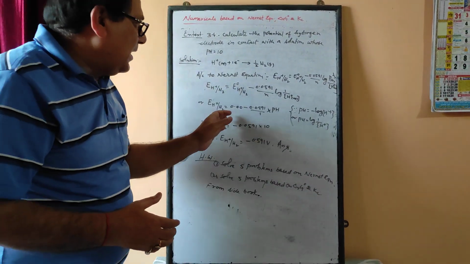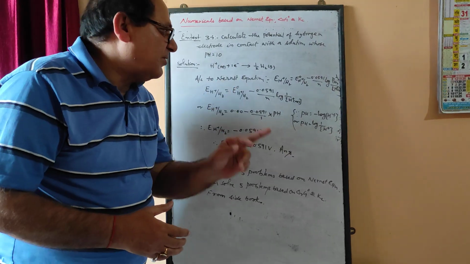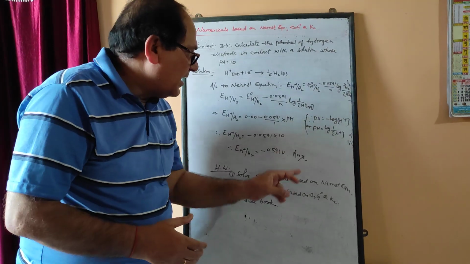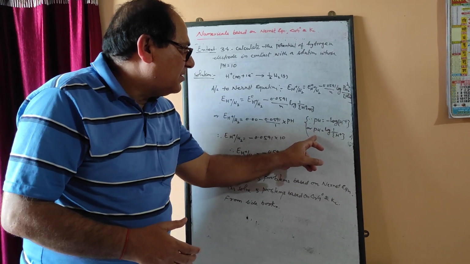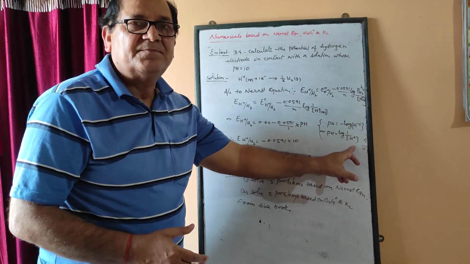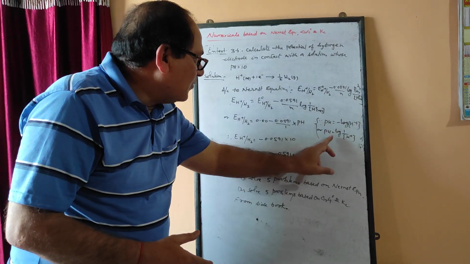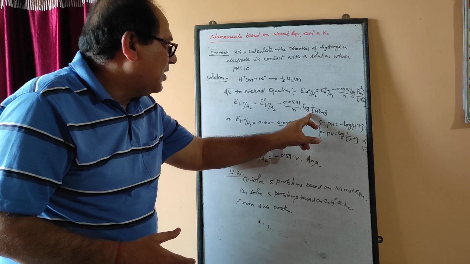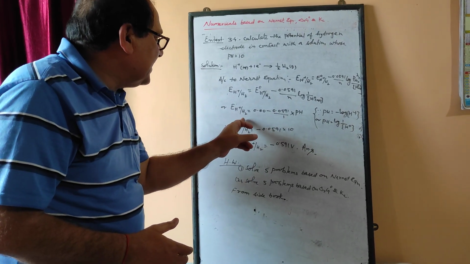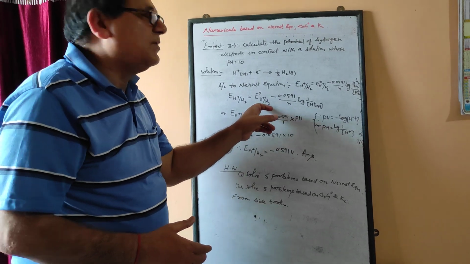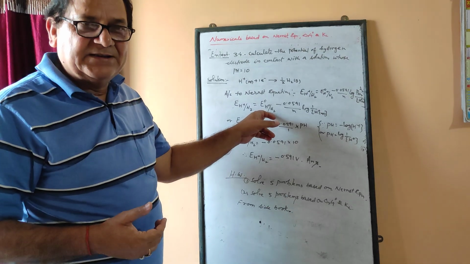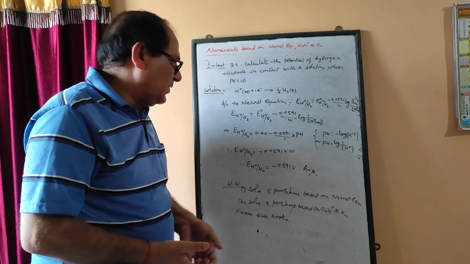Now, we know that in class 11 we have read pH is equal to what? Minus log H plus aqueous. Therefore, you can write pH is equal to log 1 by H plus aqueous. So put this value here. So the next format is E of H plus/H2 is equal to 0.00 volt. You can see this value from your electrochemical series. Yeah, it is standard, you should know it.